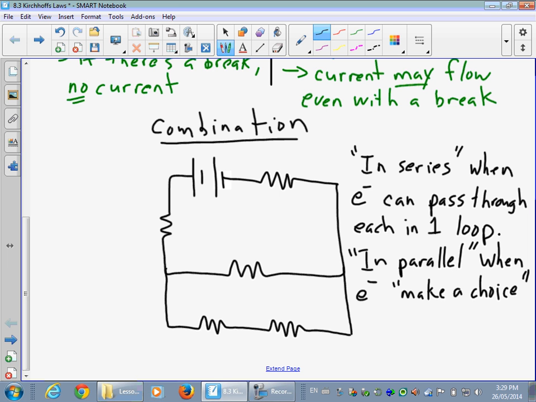So let's label these as 1, 2, 3, 4, and 5. Let's look at the combinations of resistors that are in series and the combination that are in parallel.